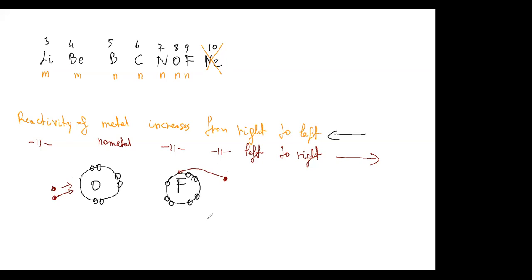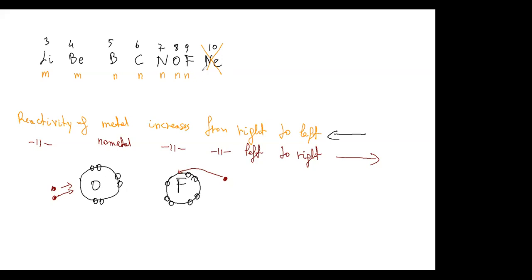So if the atomic number increases, the reactivity of non-metals also increases. Not because of the chemical reactions, that is not a reason. The reason is that if the nucleus of the non-metal has more protons, there would be more force to attract these electrons.